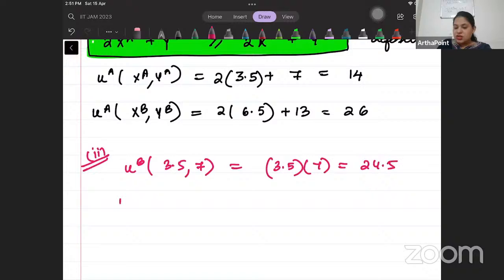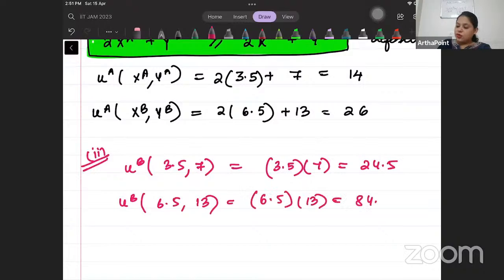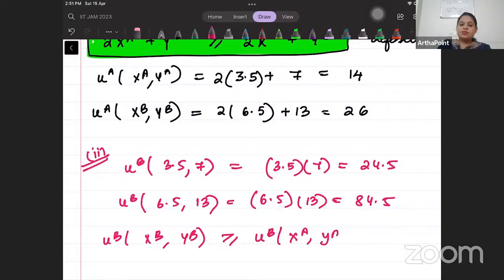And his utility from 6.5, 13 is going to be 6.5 into 13, which is 84.5. Clearly, he gets more utility from his own bundle than from individual A's bundle. He does not envy. He prefers his bundle.